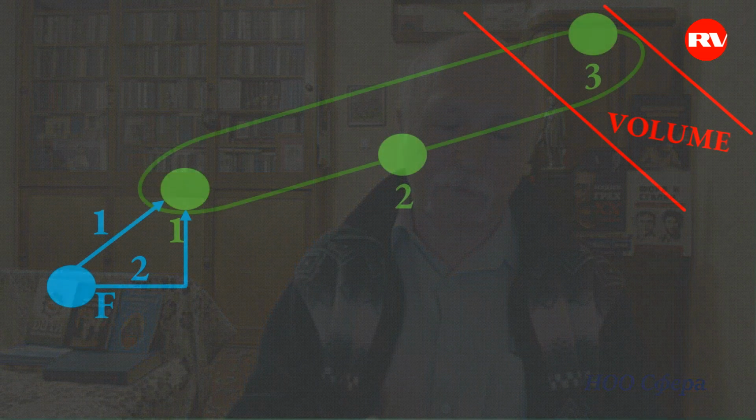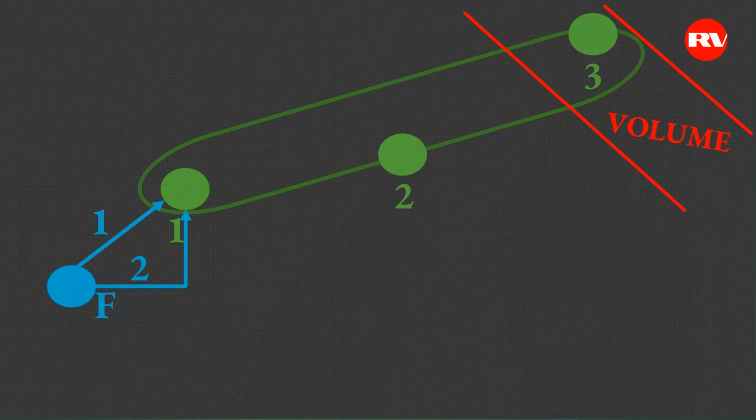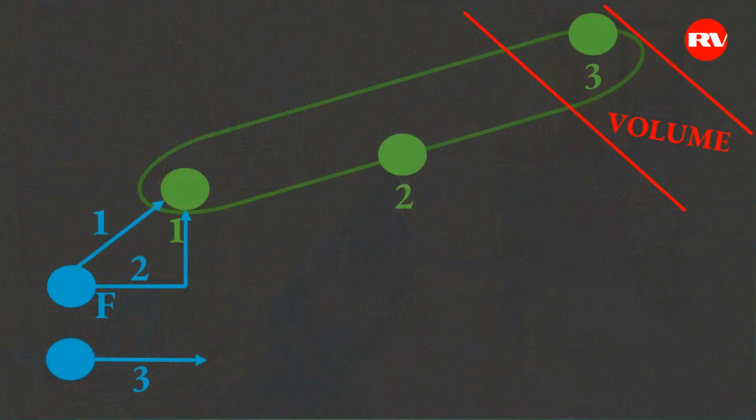We can get there by different paths, because the paths can be like this. Here are the first and second paths. And there may be such paths. Here is the third path.